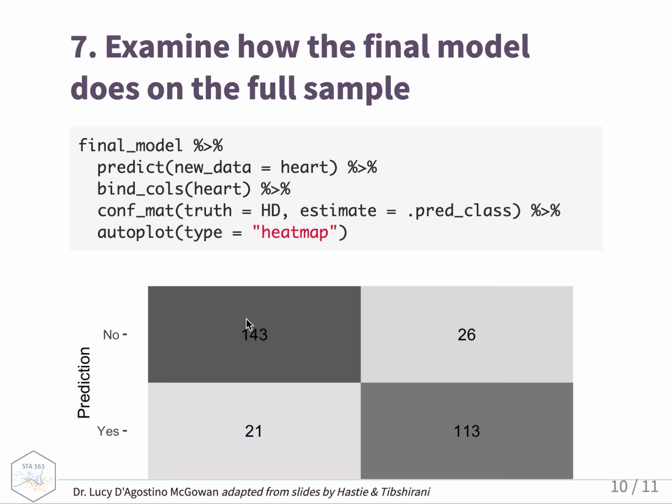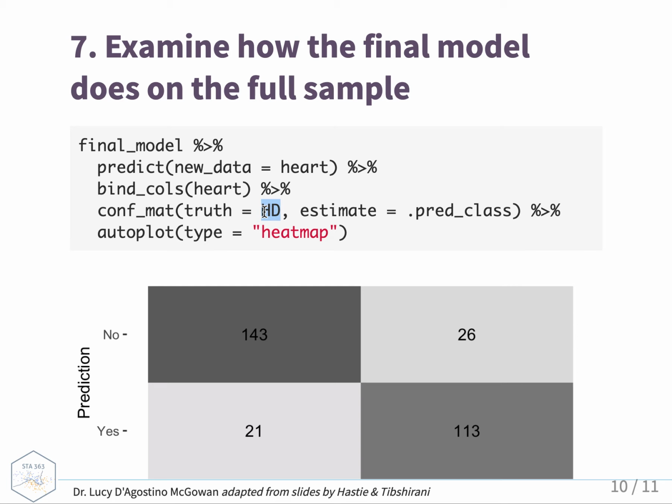Since this is a binary model, I can use a nice heat map to look at the confusion matrix here to see how well this model did. I can predict each of the individual classes by plugging in my original data set for new data, and then binding those columns from that original data set so that I can pull in the truth.